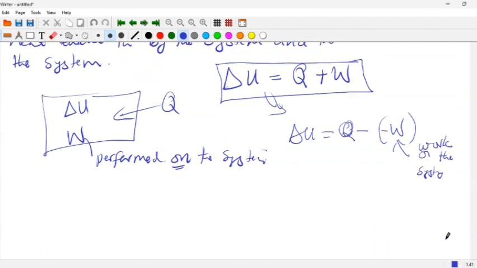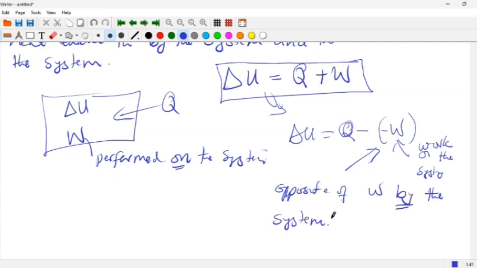It is also possible that the system performs work. It is the opposite of work by the system. There is work by the system and work on the system. On the system, it means, let me give an example. We have a system that is made of a piston.